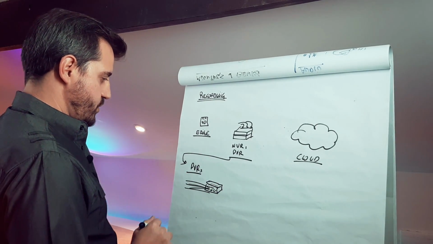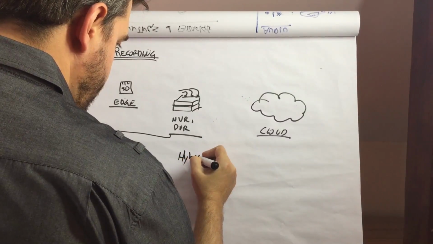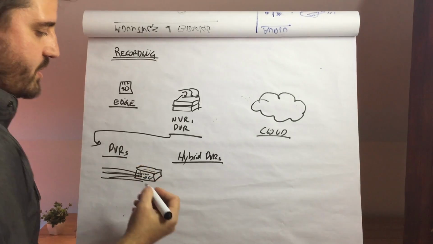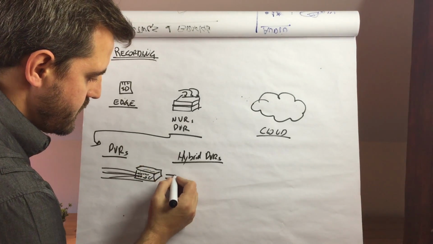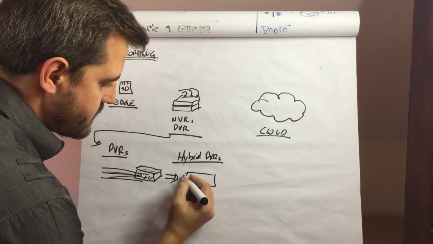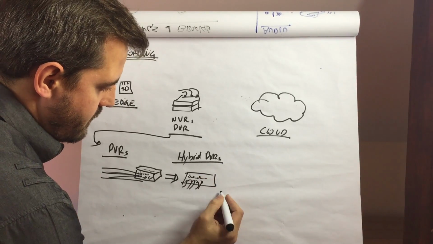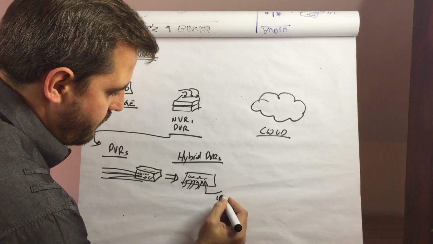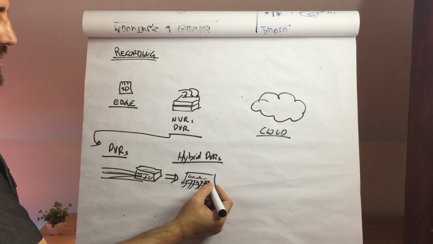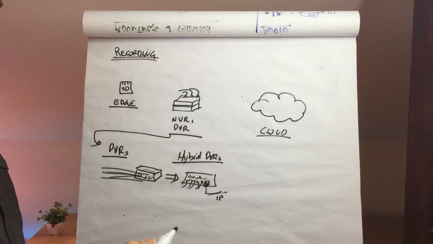That's the solution. So DVRs, we have hybrid DVRs as well. A hybrid DVR is basically the same as a DVR, but it will be able to handle IP cameras. So we will still have the coax inputs, but you'll be able to handle IP cameras as well. We have an Ethernet port here that will be able to connect to the network, and you can add a few IP cameras.